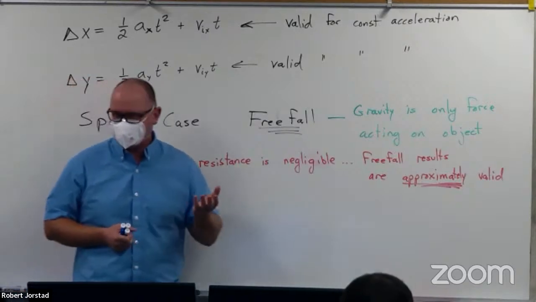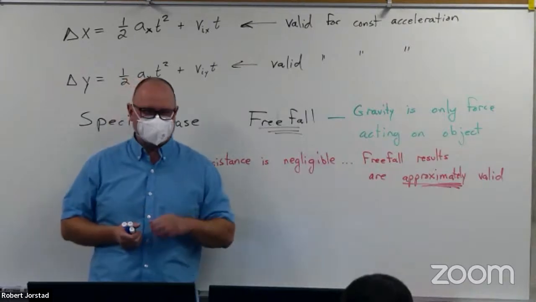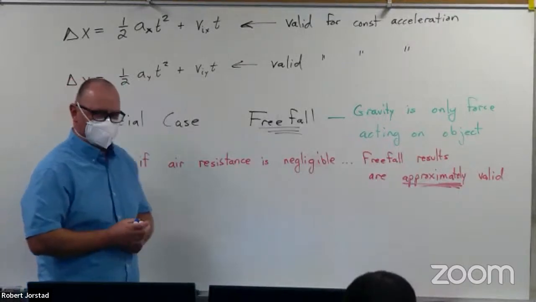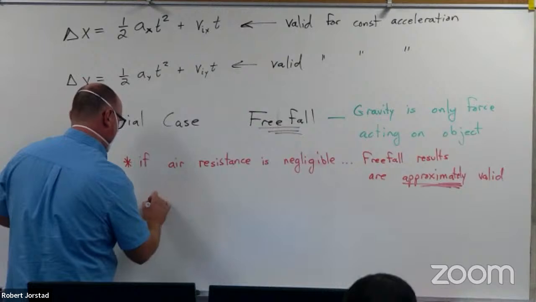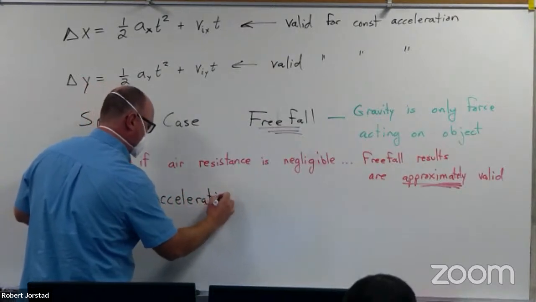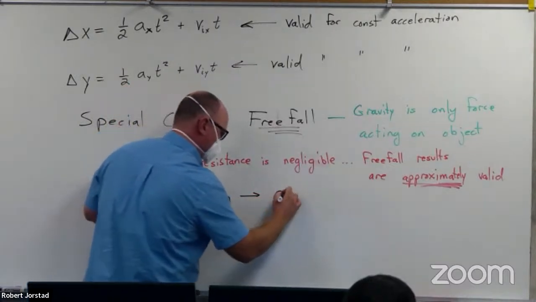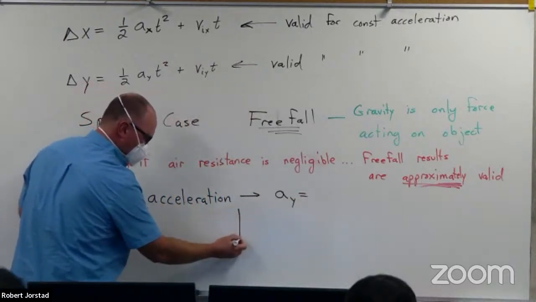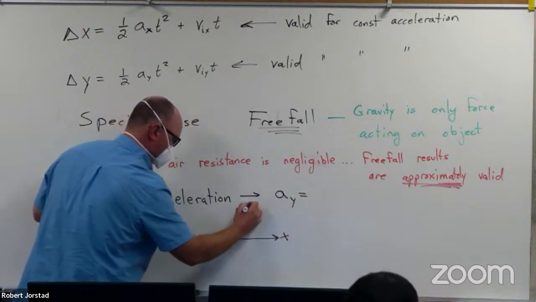A great many physics chapter 2 problems talk about objects being thrown upwards or dropped off a building. And we make this huge assumption about the acceleration. If gravity is the only force, right? And we're using a normal XY coordinate system where X is to the right and Y is upwards.